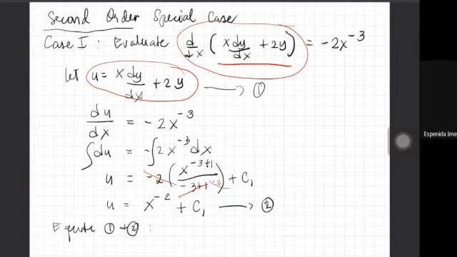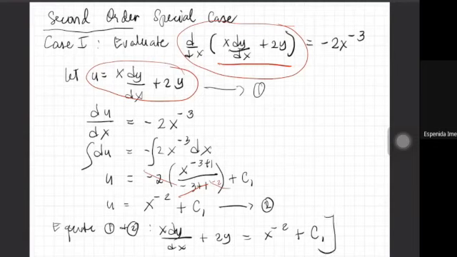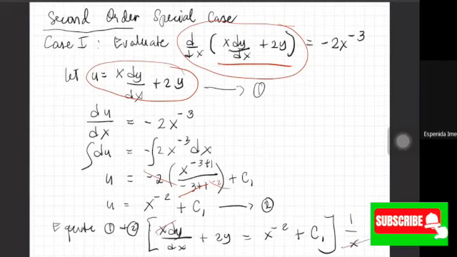So we have x dy over dx plus 2y equals x to the negative 2 plus c sub 1. And obviously, you can manipulate this so that this will be transformed to FOLDE by multiplying both sides by 1 over x, so that the x here will be eliminated.